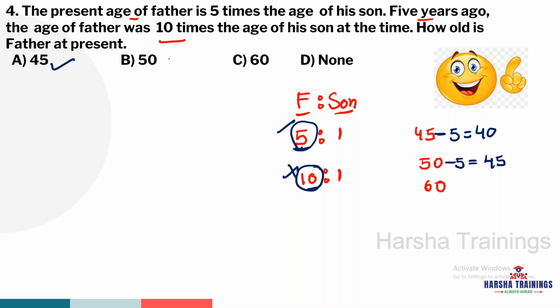No, that's why option B is wrong. Next, the third option, 60. 60 is a multiple of 5. Yes, 5 twelves are 60. 5 years ago, 60 minus 5, 55. Is 55 a multiple of 10? No, that's why option C is also wrong. Option A is the right answer.